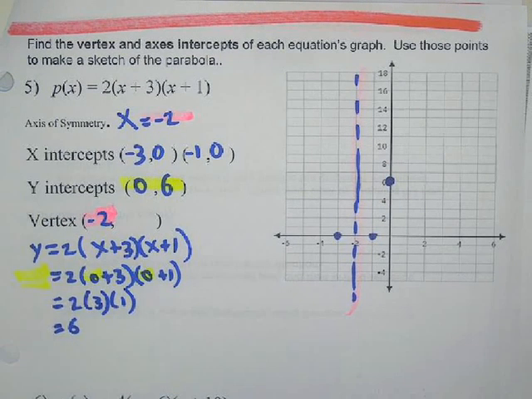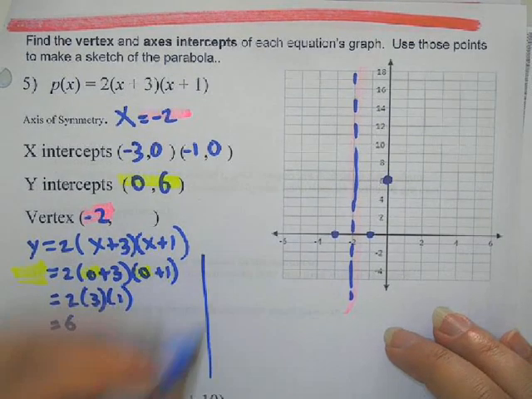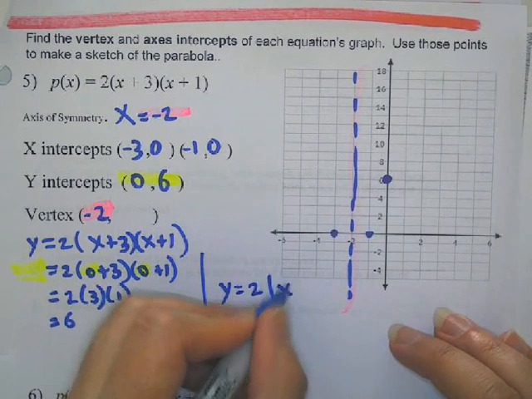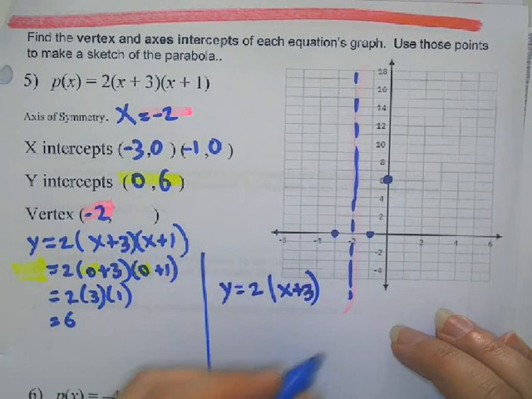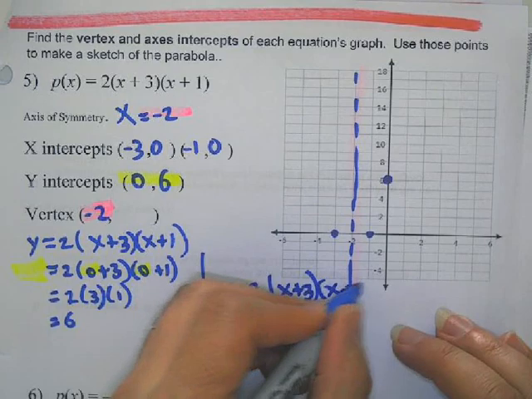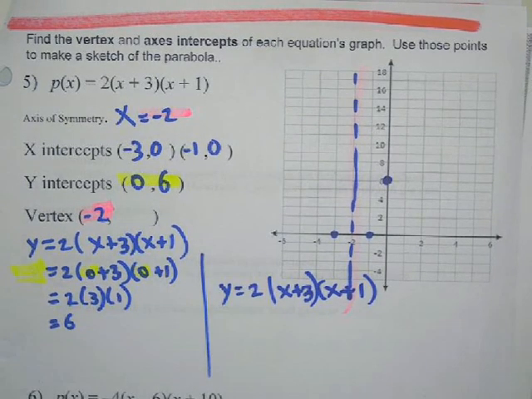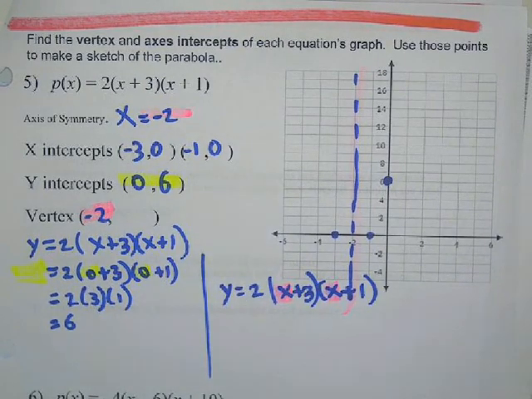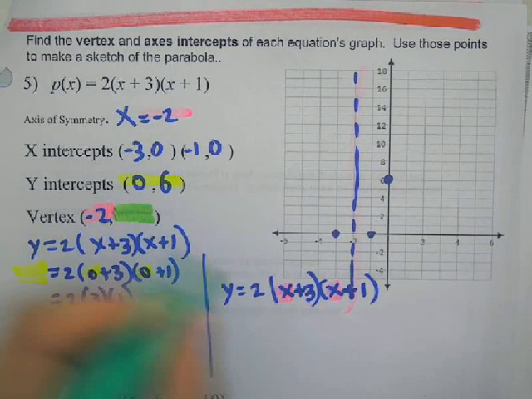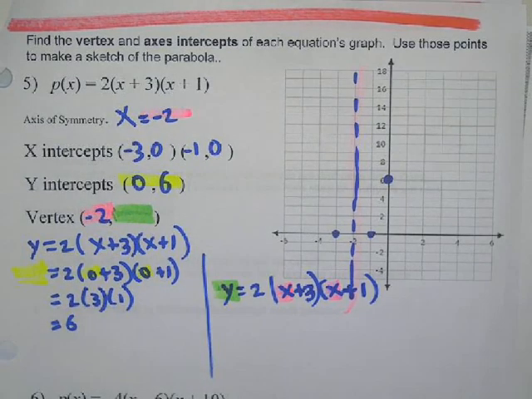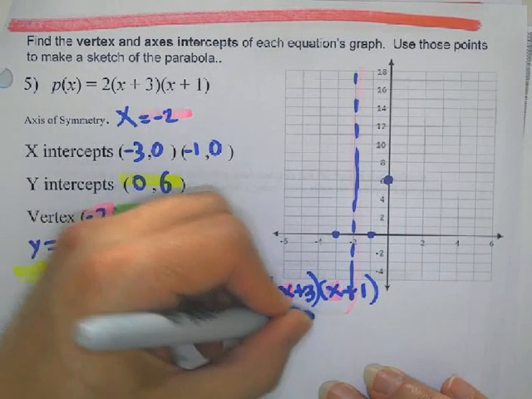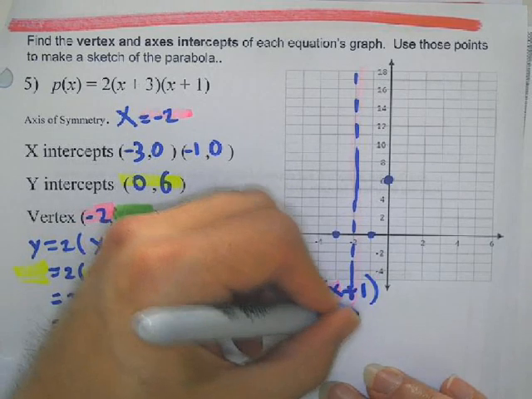Okay. Now we're going to find the vertex. Y equals 2 times x plus 3 times x plus 1. Okay, so I'm going to replace x with negative 2, and we're going to solve for the y value of the vertex. So we're going to get 2 times negative 2 plus 3 times negative 2 plus 1.